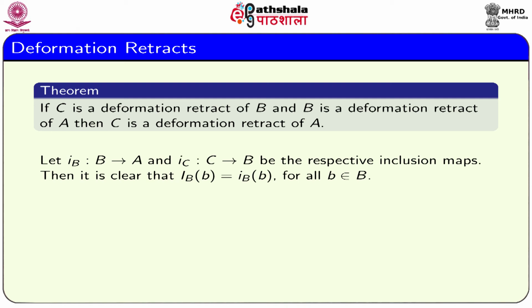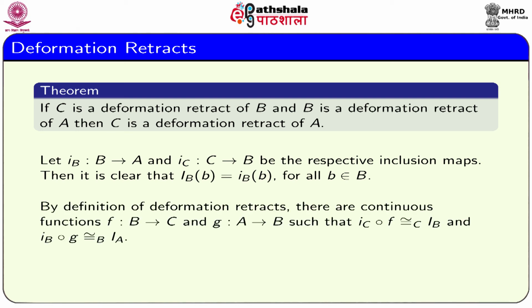Then it is clear that the identity function on B and the inclusion map IB are the same for all b belonging to B. Now, the definition of deformation retracts says that there are continuous functions f from B to C and g from A to B such that IC composed f is homotopic to IB relative to the set C, and IB composed g is homotopic to IA relative to the set B.